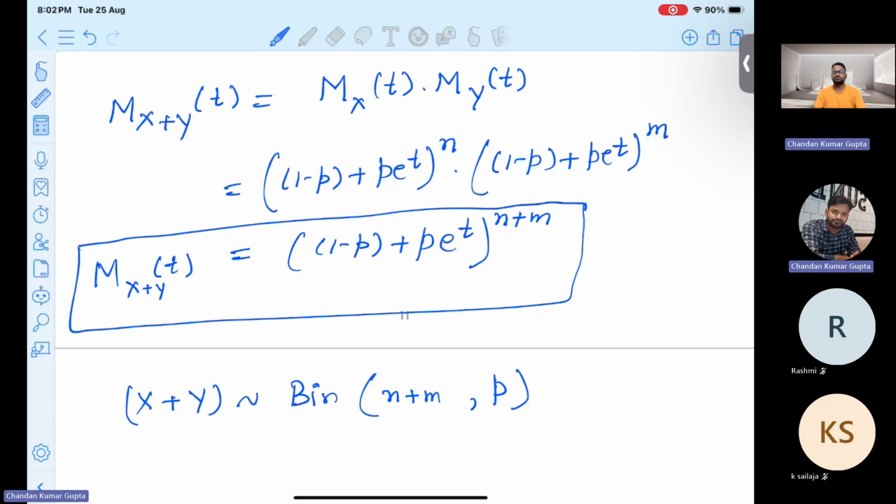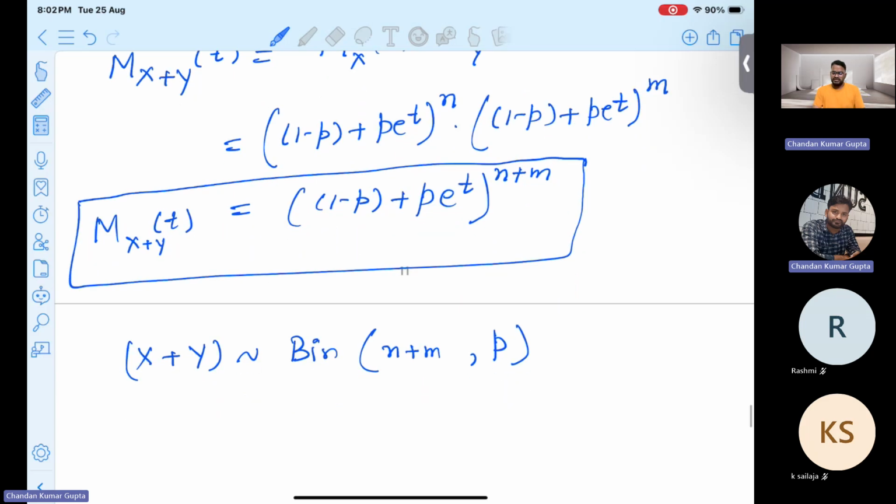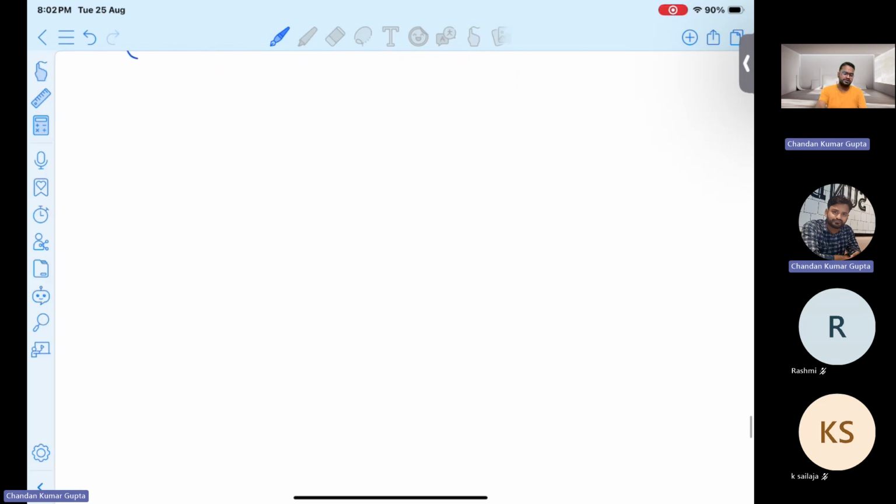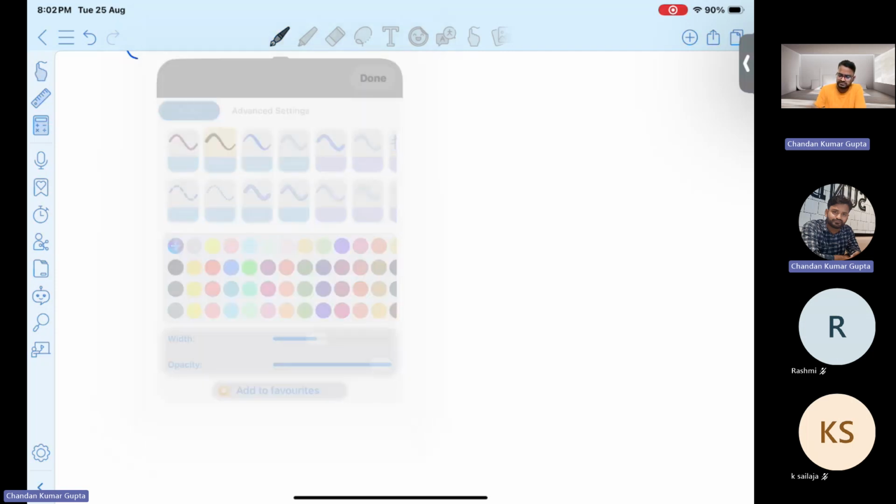Okay, so this is the case. Any doubt? This is just a property of the binomial distribution. Okay, then we will proceed to the next question.